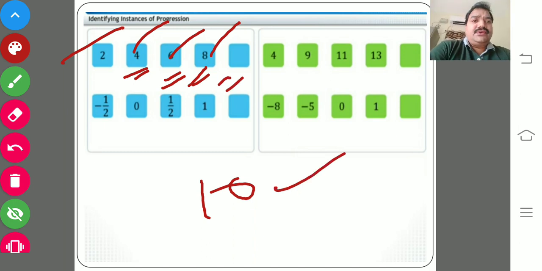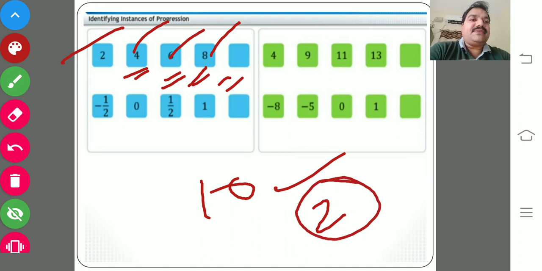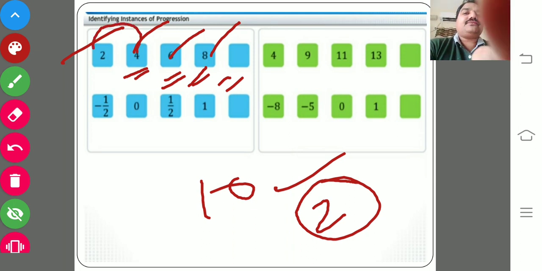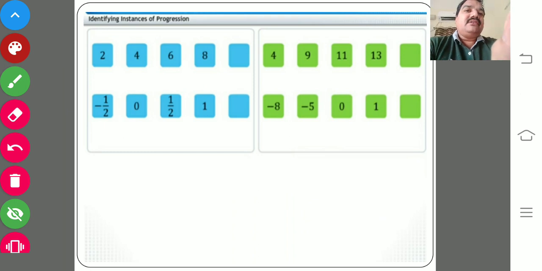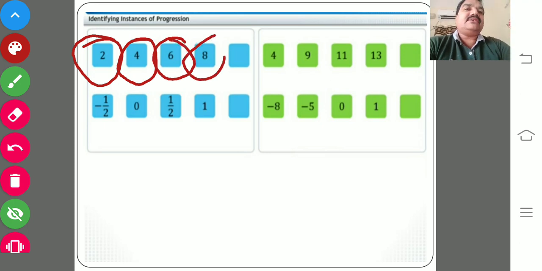So you could understand that one fixed number, one constant number, is added to the preceding number. Understand? So one fixed number, one constant number, is added to the previous one. So here this is the first term, this is the second term, this is the third term, this is the fourth term, and you are going to find the fifth term.